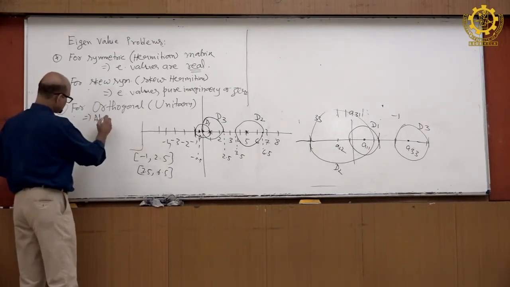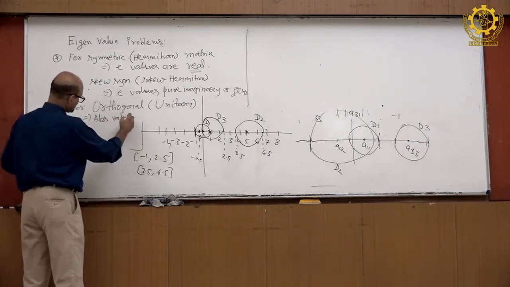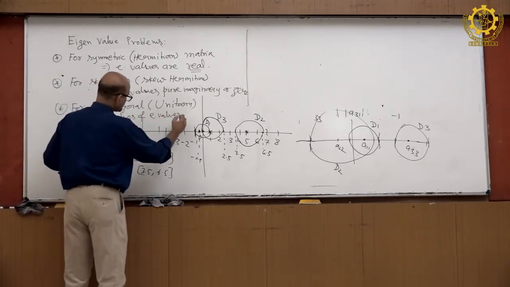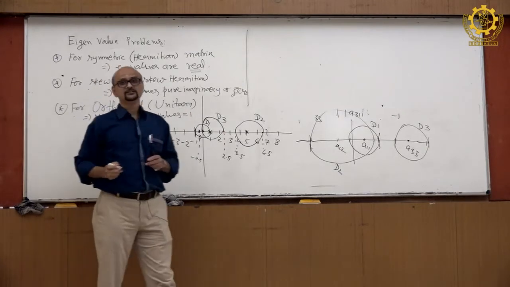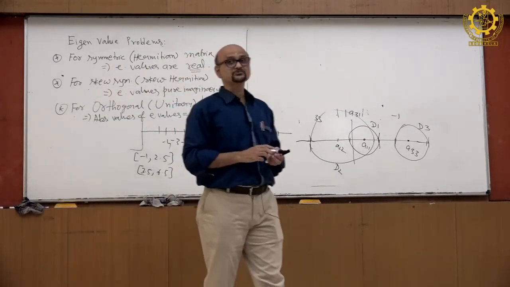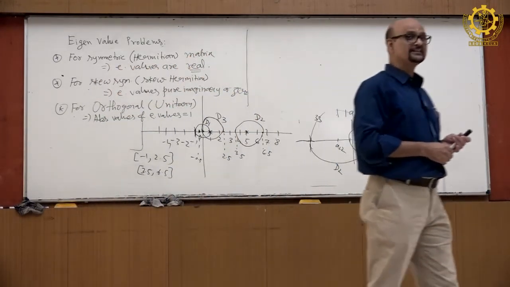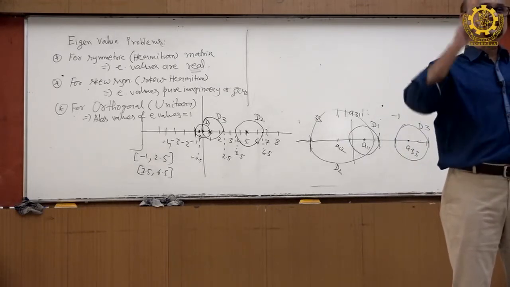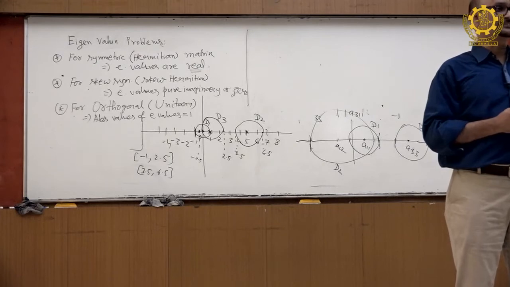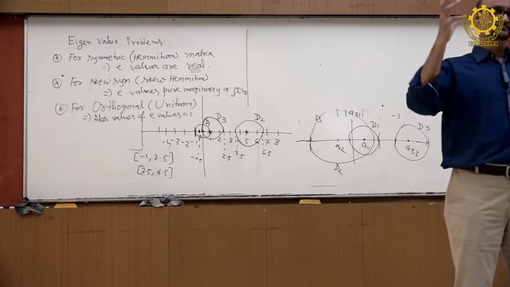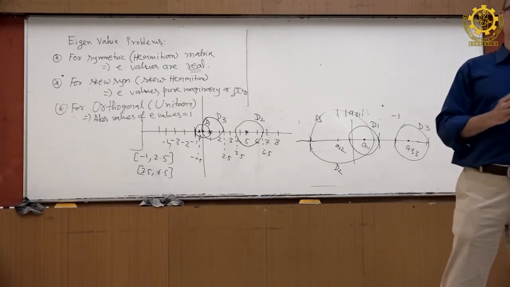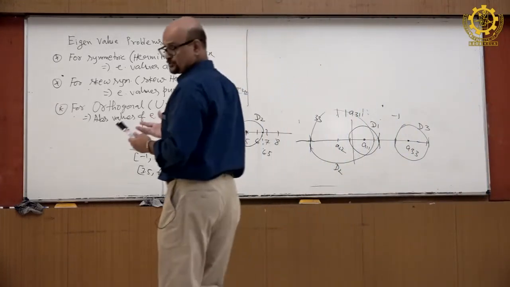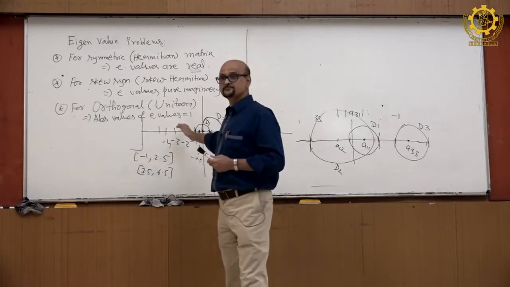Absolute values of eigenvalues is 1. So, these are with respect to some particular matrix, the types of eigenvalues that you get. So, seeing the type of the matrix, you can have an idea whether those will be real eigenvalues or pure imaginary or like this.